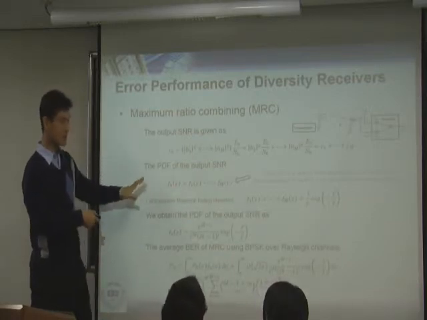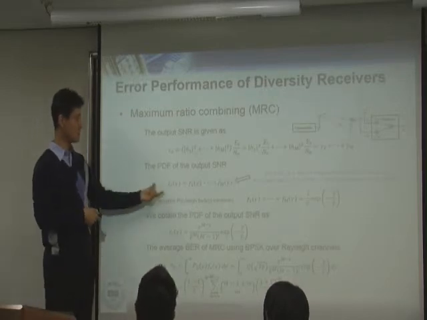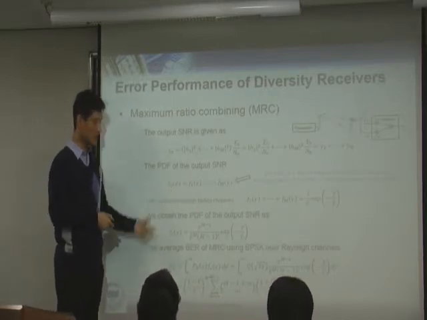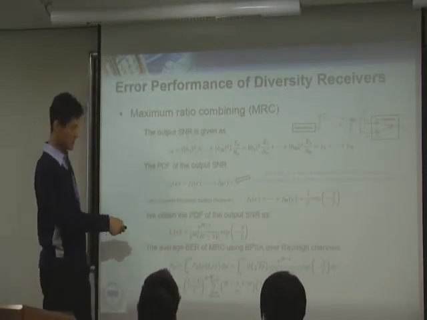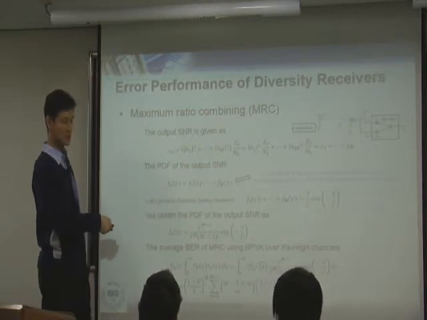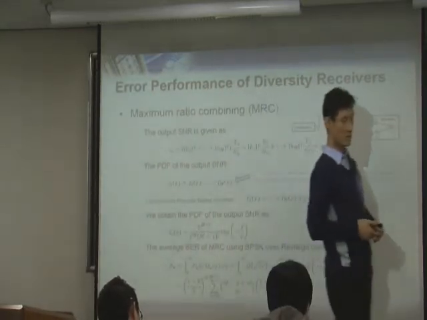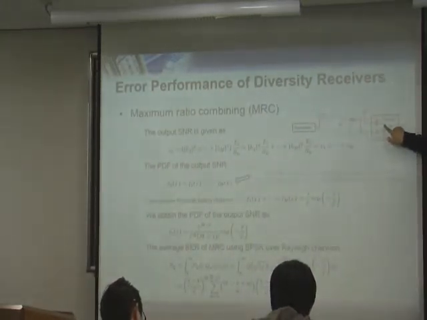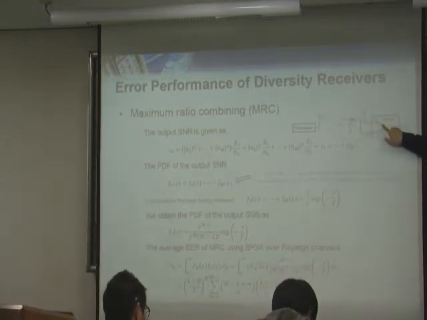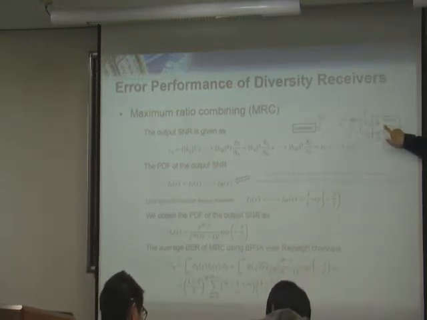Okay? And now suppose that we found the PDF of the output SNR. That actually happens to be this one. This is the output PDF. What I mean is that for each antenna, let's think about the first antenna. We think of this one as gamma 1.